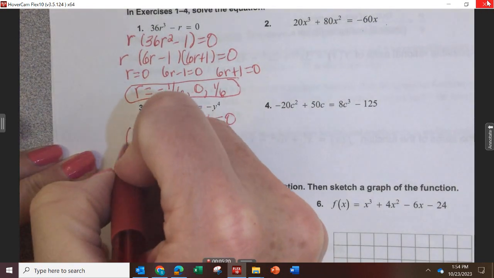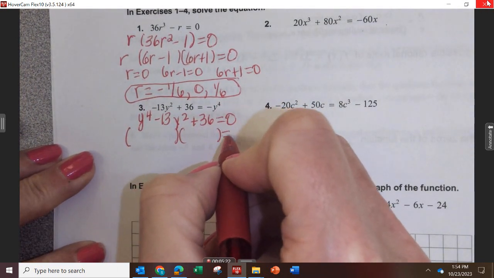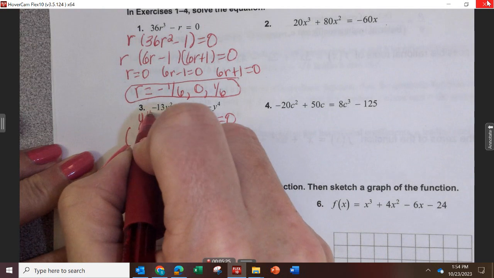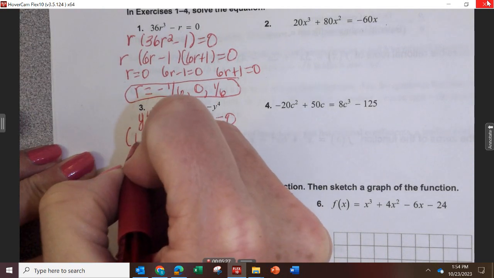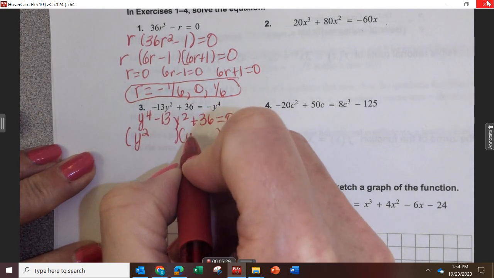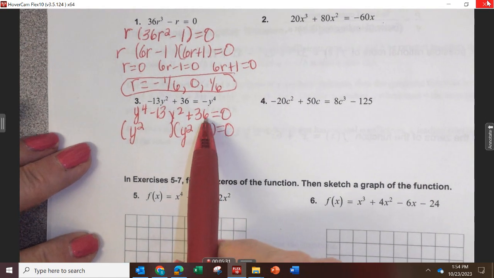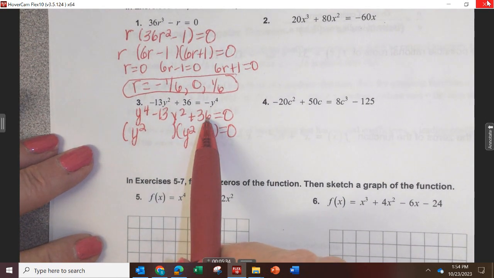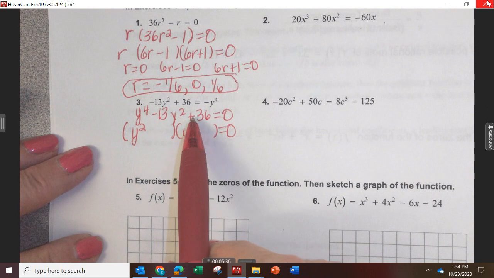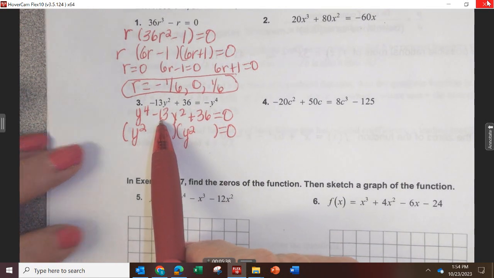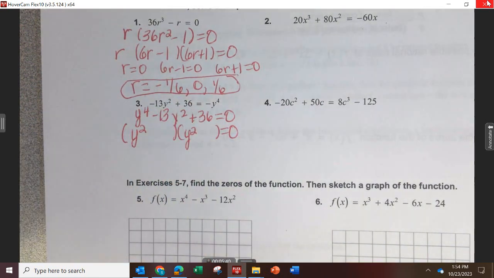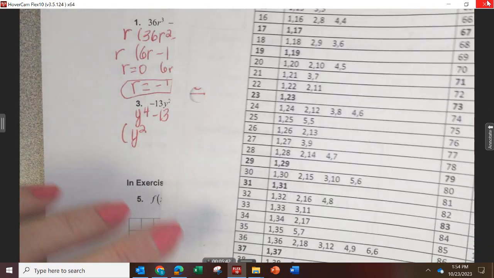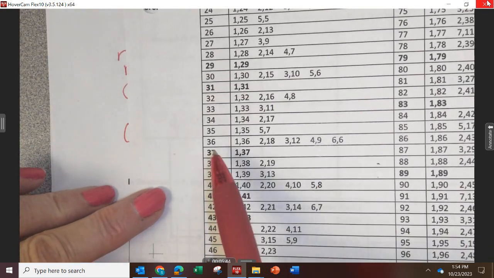So I'm going to go ahead and set this up. Now, what times what gives me y to the fourth is going to be y squared times y squared. And then what numbers multiply to be 36 and add to be 13? Good. And if we didn't know that, we could look here.